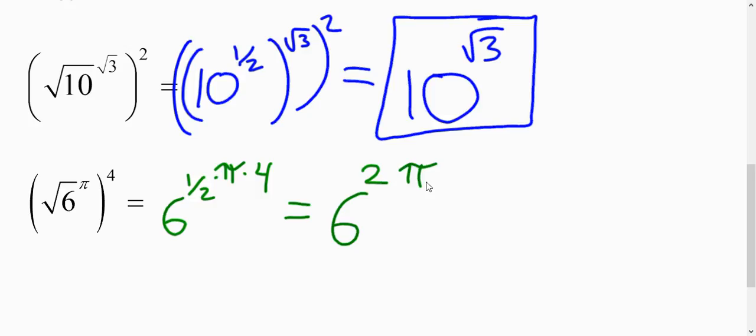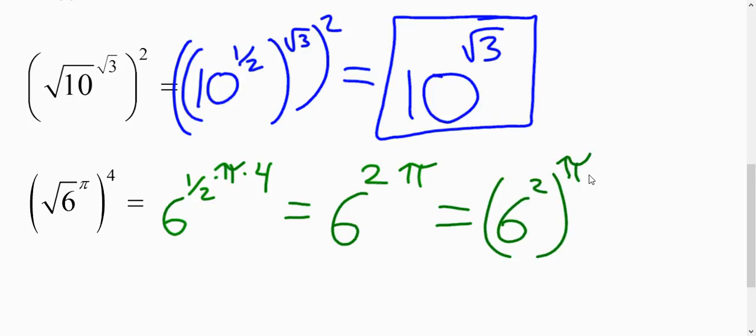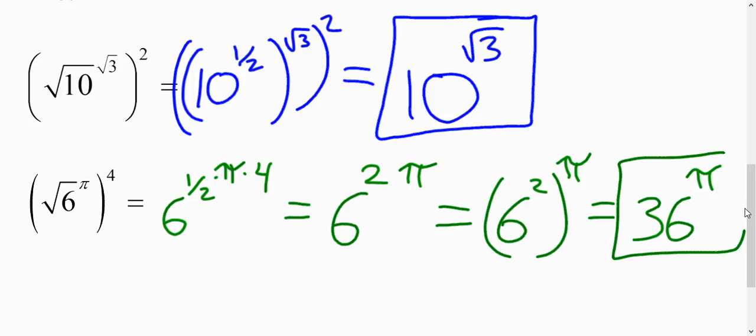So it's 6 to the 2 pi. You could actually also think of it as 6 squared to the pi, which would be the same thing as 36 with pi as the exponent. Since it was a number to the squared, we could actually do that. 6 squared is 36.